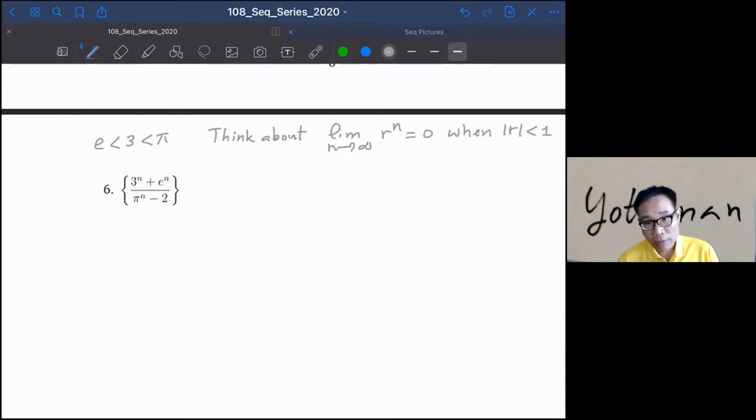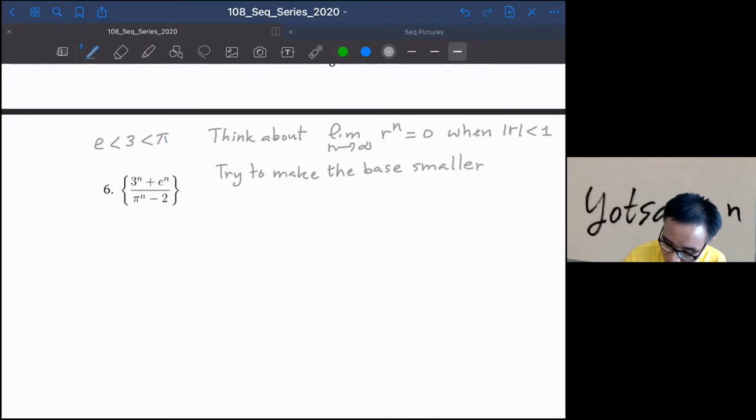So when we think about this property, we're going to try to make the base smaller than 1.